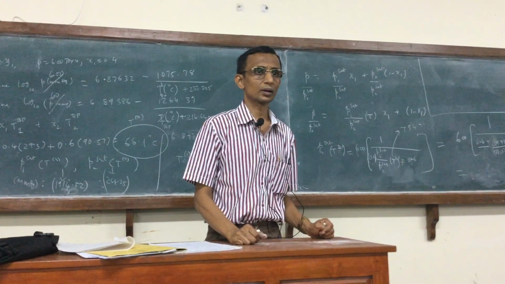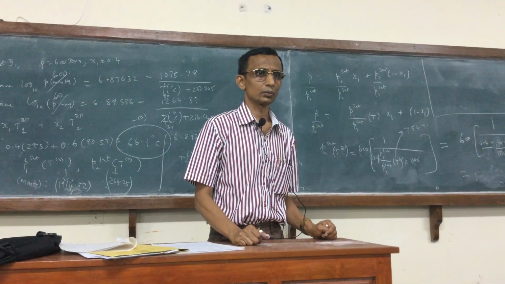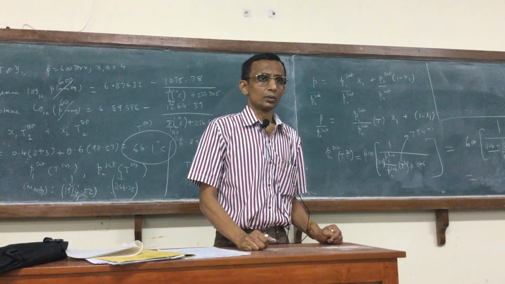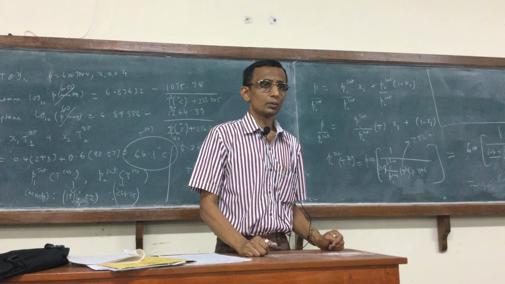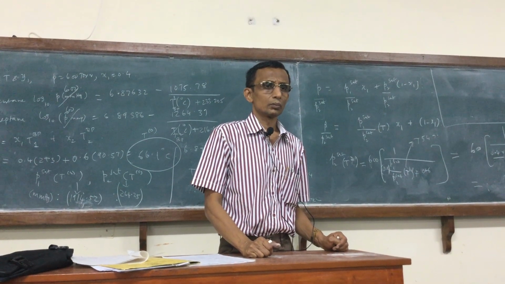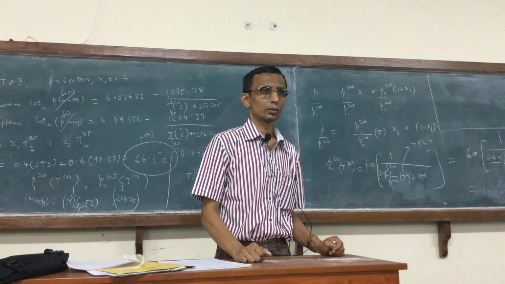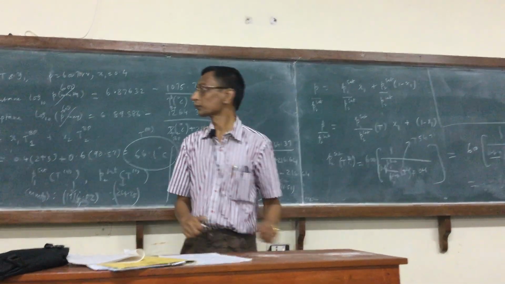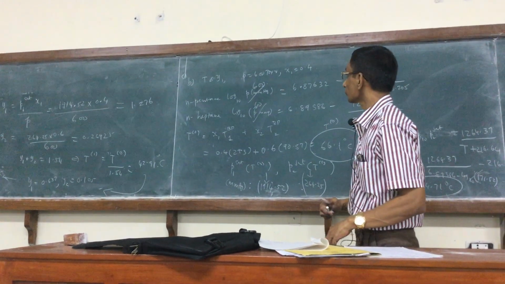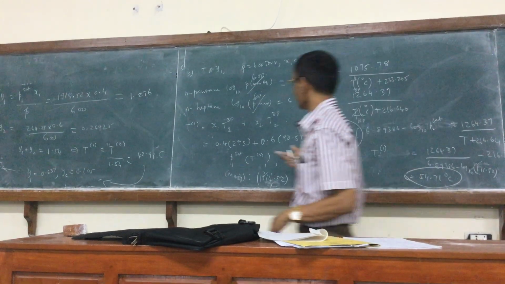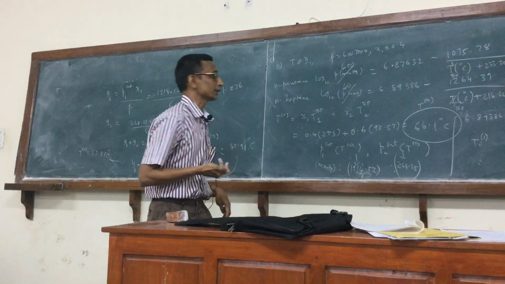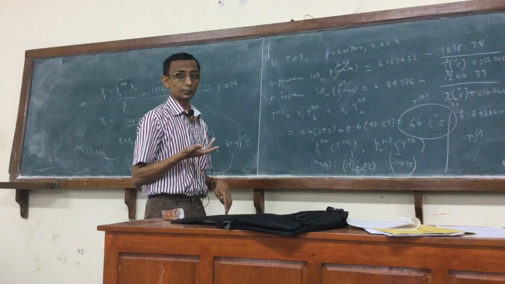Yes? Can you substitute this P-sat equation into P equals P1 sat x1 plus P2 sat times 1 minus x1, and move on and find the temperature? You mean to say you can do it directly? Yeah, possibly you can do that.